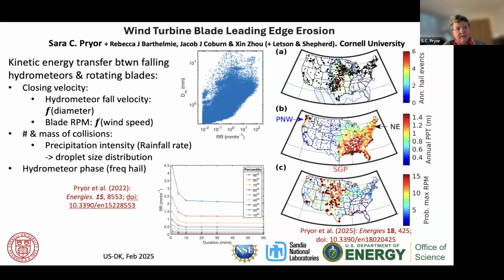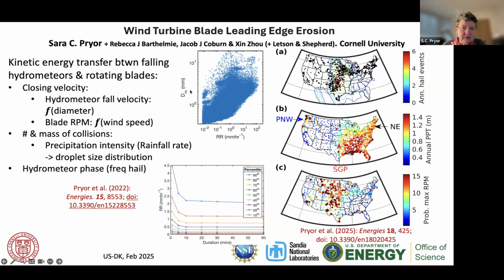So if we go back to this idea that we've set out where we say the kinetic energy that's doing the damage, or the force that's doing the damage, is dictated by the closing velocity between the hydrometeors and the blades, the number and mass of collisions, and the hydrometeor phase. We all know as atmospheric scientists that things like, for example, the droplet size distribution is really strongly related to rainfall rate, and rainfall rate is really strongly related to the measurement interval.